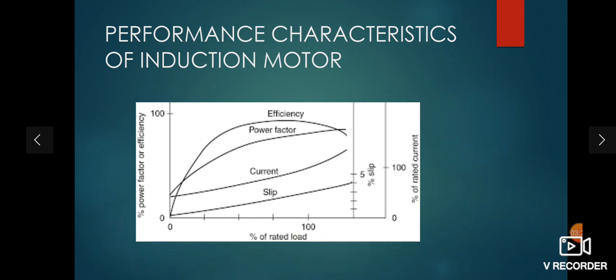According to the load, your efficiency is maximum at full load. For the three-phase induction motor, efficiency is the maximum when it is run at full load. Same way, when it is run at full load, your power factor improves.